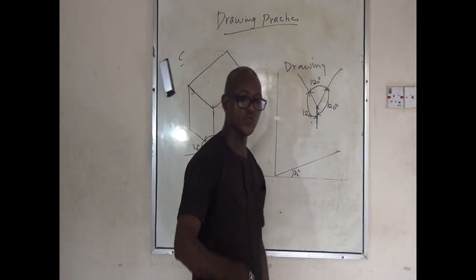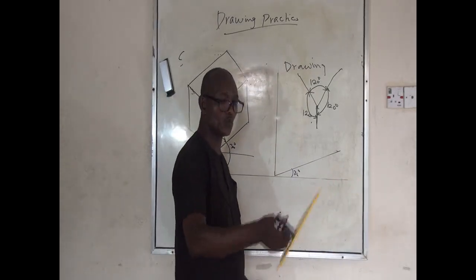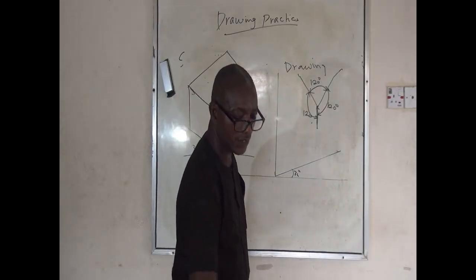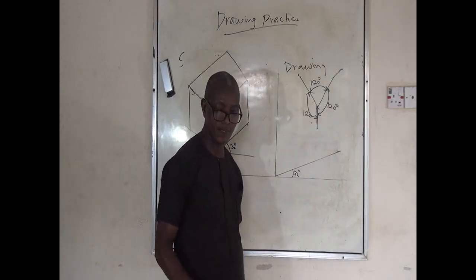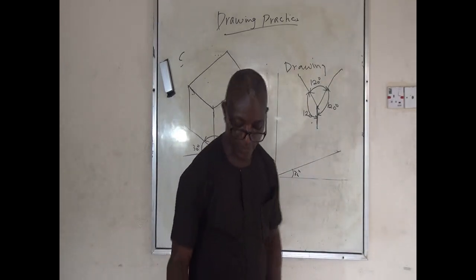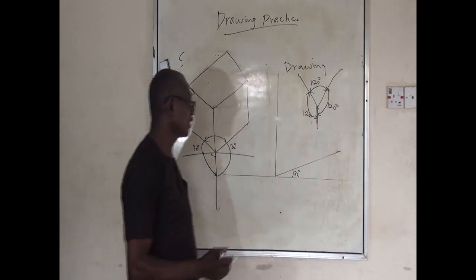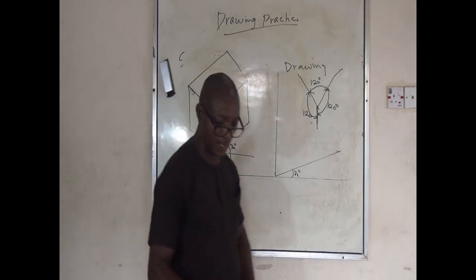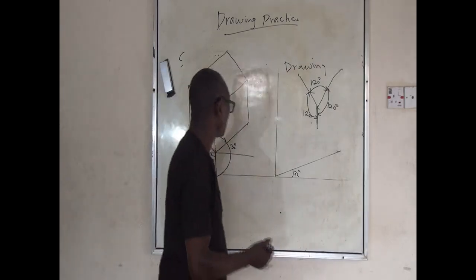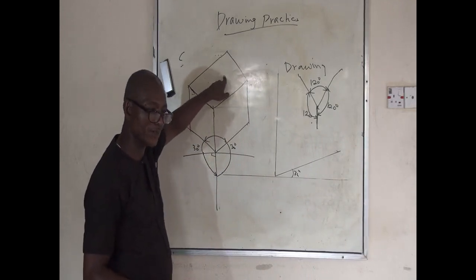With this, you can practice and be frequent with the use of this set square and then carry out any construction. And that is all you need to know about isometric drawing.